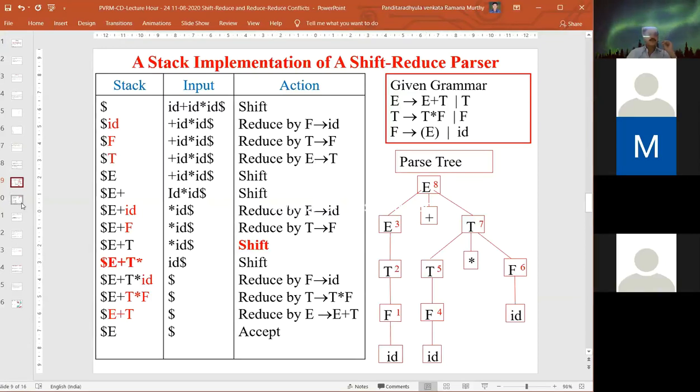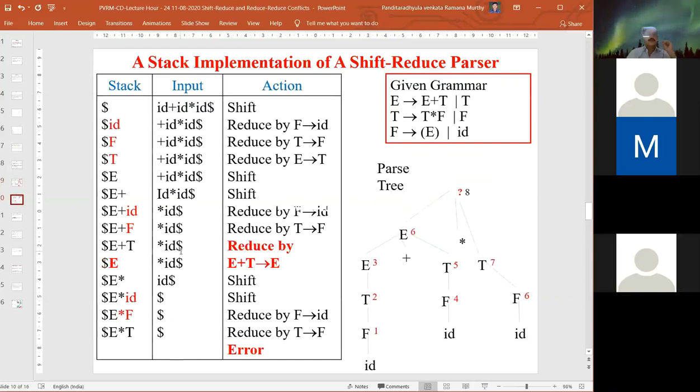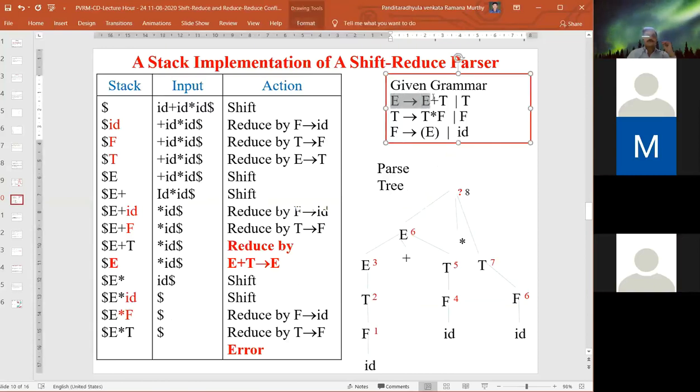Now, in the other option, instead of the shift operation, we chose the reduce operation. If you use the reduce operation, E plus T, by using the first production, is replaced by E. Then the stack contains E and the input contains multiplication, ID and dollar. Then we have only one operation, we need to shift.